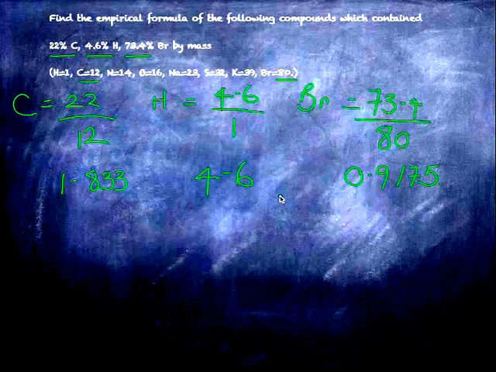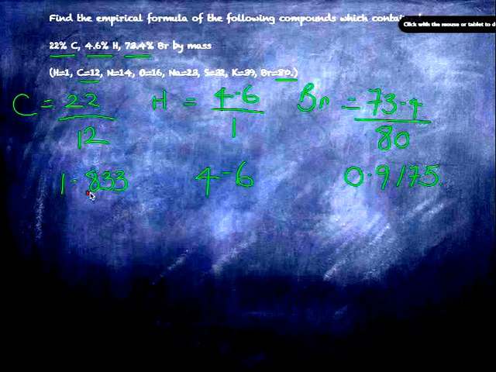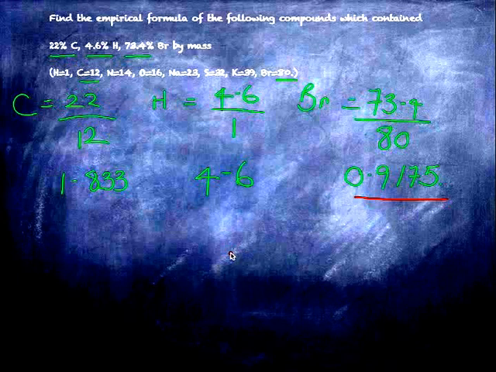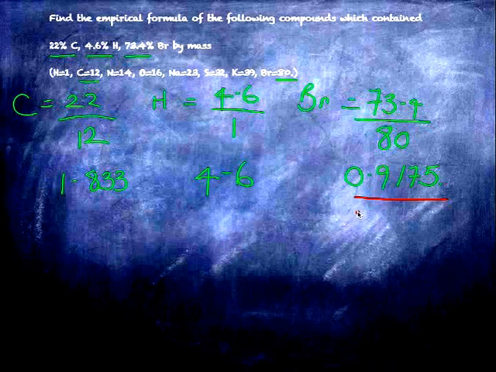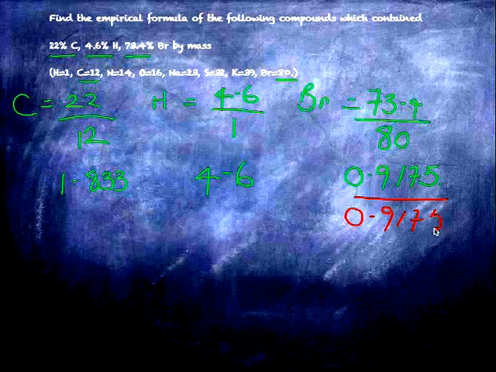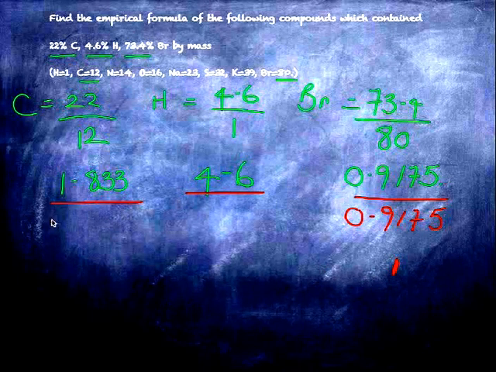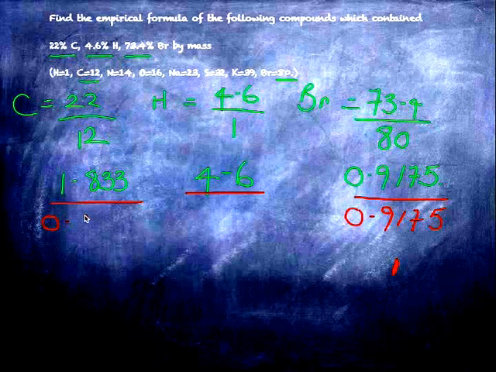But remember the rule. What we've got to do is take a look for the smallest number. So 0.9175 is definitely the smallest number. That will obviously divide by itself to come out at 1. Got to do the same for the other two numbers. So we've got to divide all of them by 0.9175.